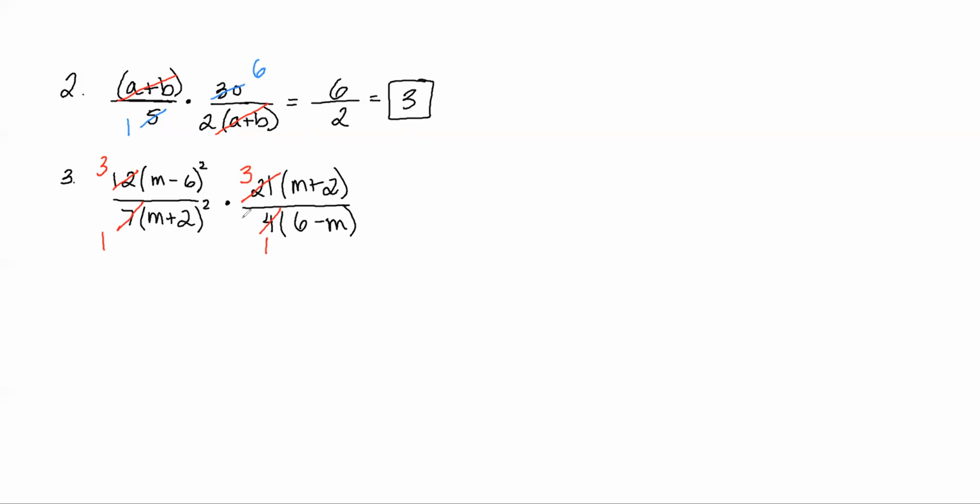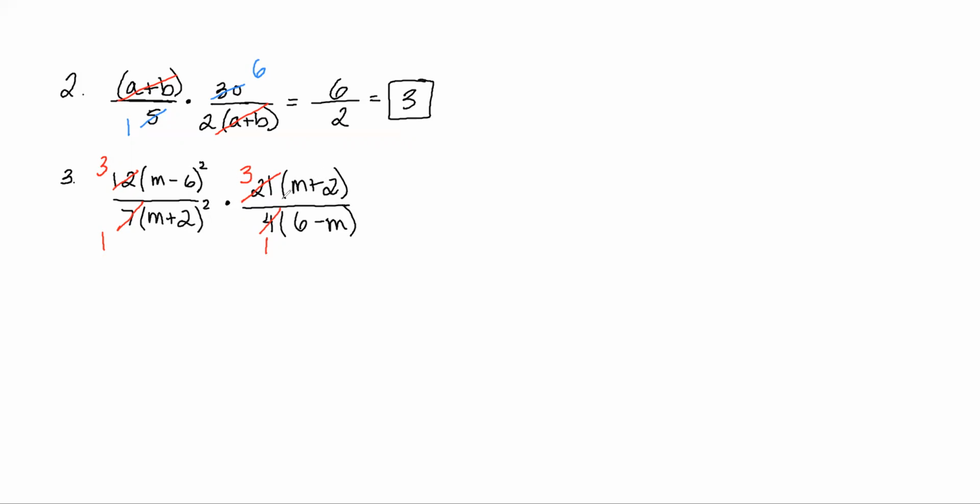Now, if we look at our variables here, they're all grouped up, so we're going to be canceling out an entire group. So on the bottom here, we'll deal with the m's and the 6's after because those are a little different. We have an m plus 2 squared, meaning we have 2 m plus 2's. On the top, we have 1 m plus 2.